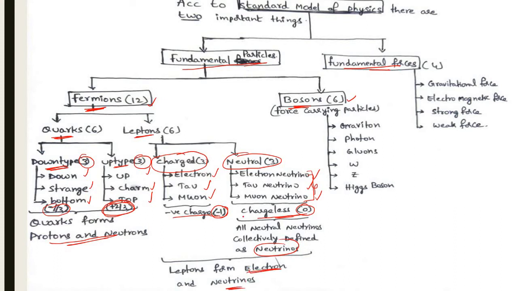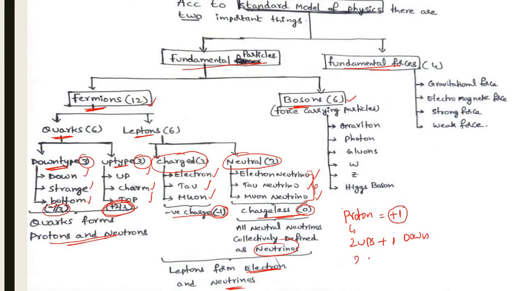Let's take proton. We know proton's charge is plus 1, and if you want to know how this positive one arrives, proton is formed by 2 ups plus 1 down.